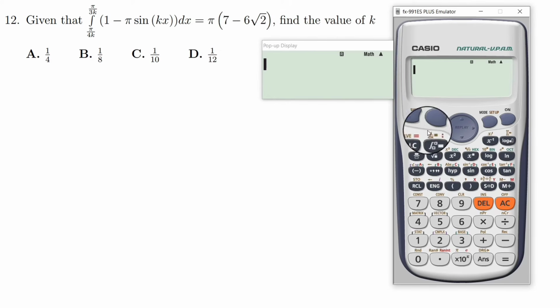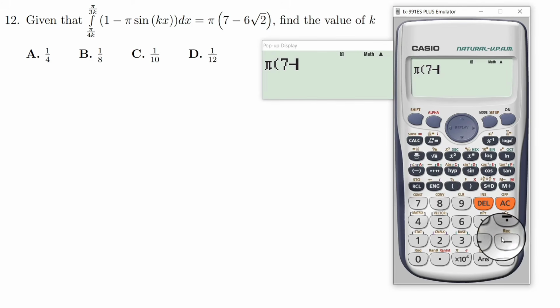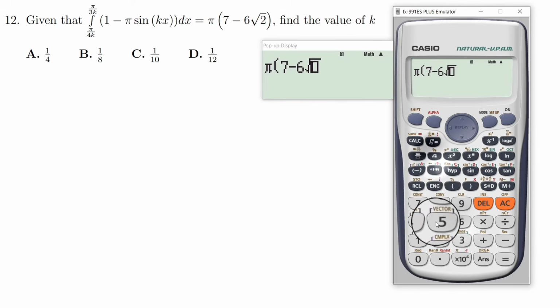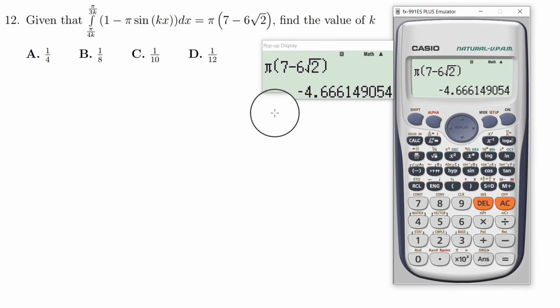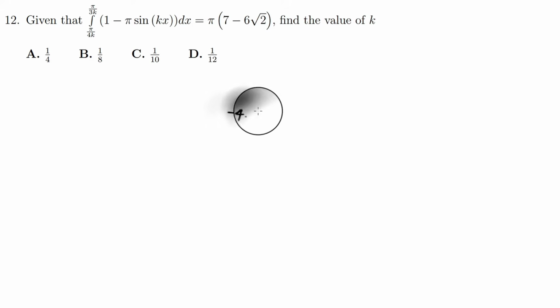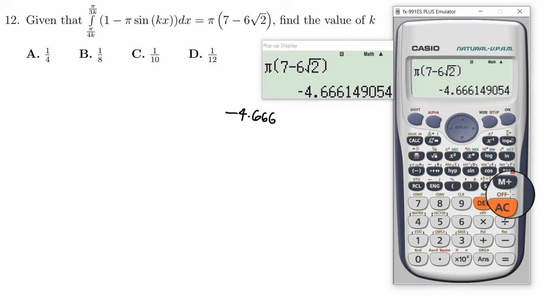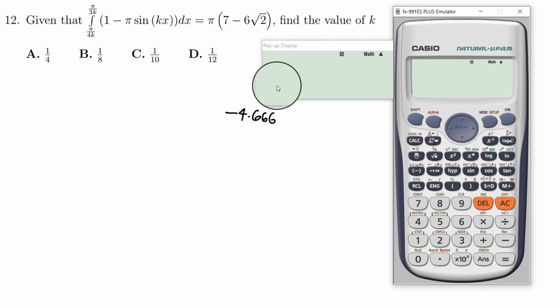So let's do that. So we have pi open bracket 7 minus 6 root 2. So we have this to be minus 4.666. Okay, so now that I'm done with that, I can now input my integral.